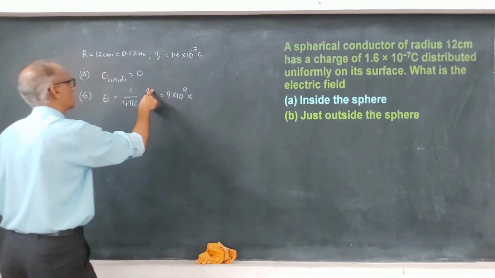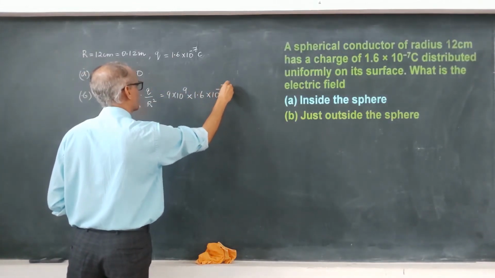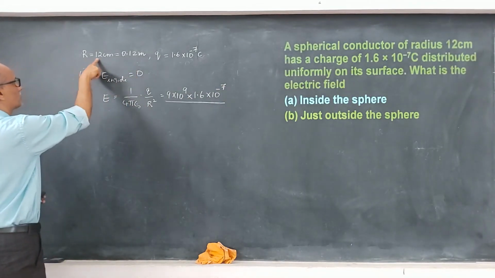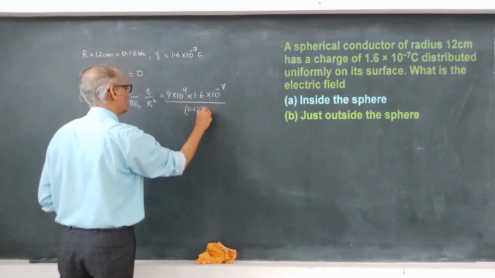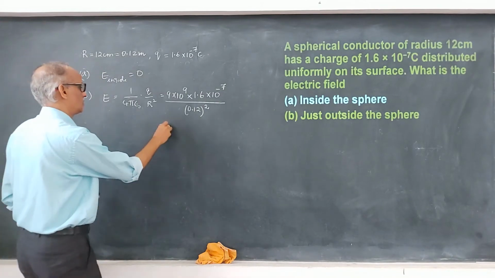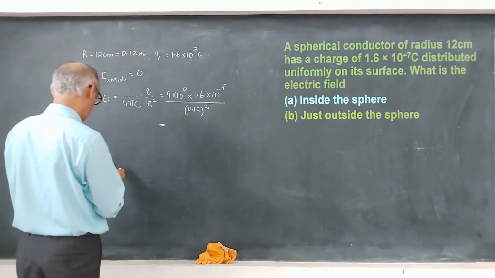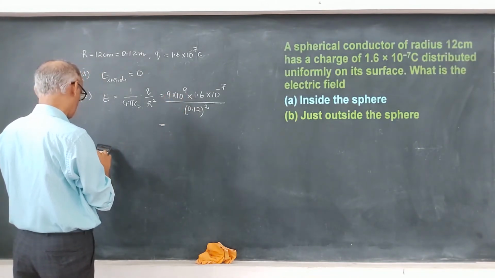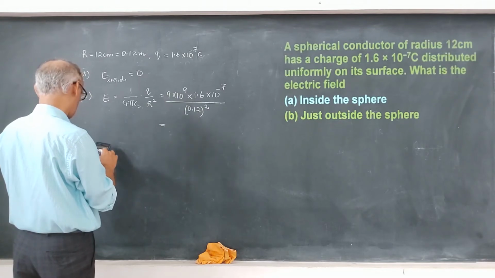The value of the charge Q is 1.6 into 10 to the power minus 7, divided by the radius capital R, 12 centimeter or 0.12, square, correct. So, let us simplify this, the value of the numerical. So, we have 9 into 1.6 divided by 0.12 square.